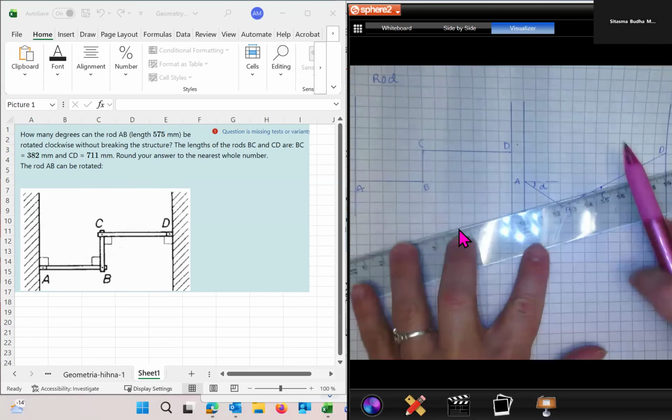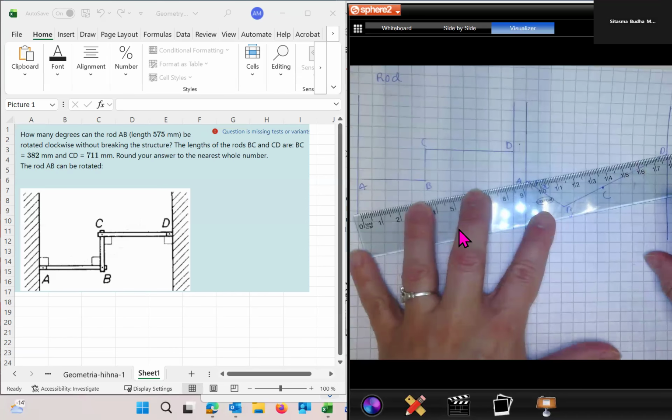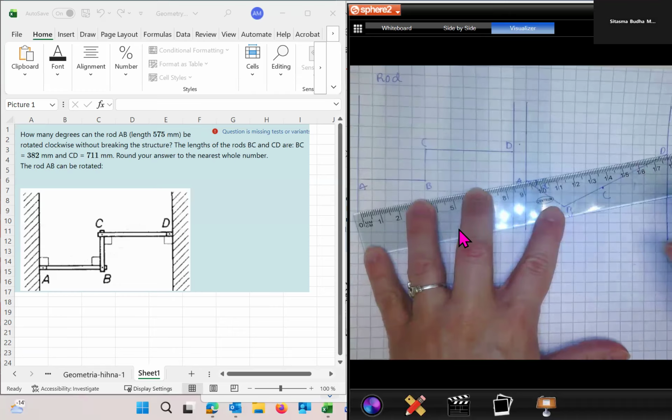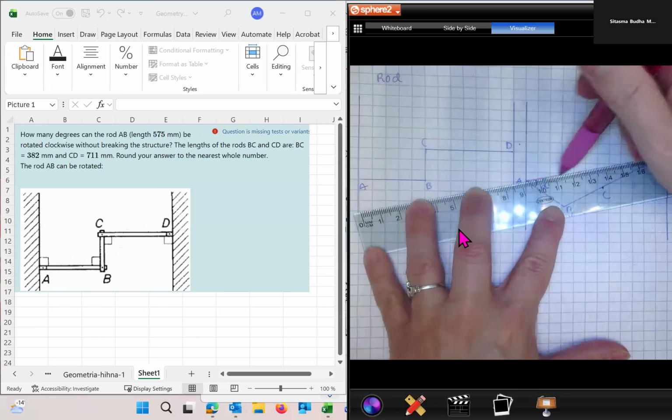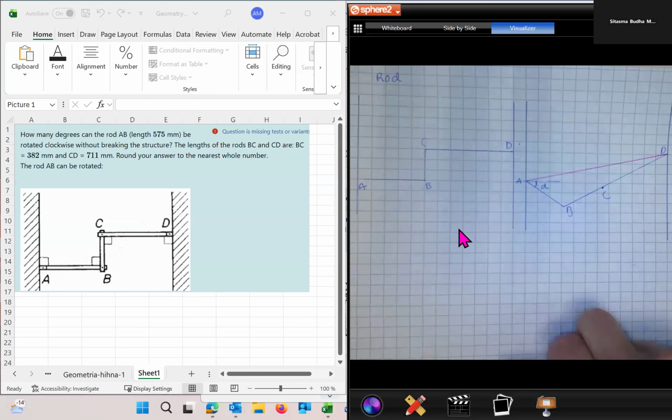So then maybe if we draw this kind of a triangle, a triangle without a right angle. It had some fancy name.